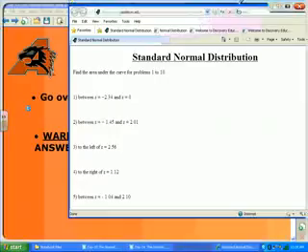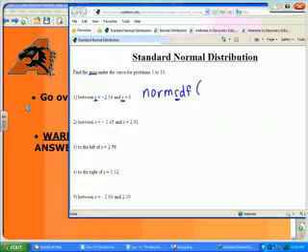Notice these are given to you in z-scores, so you already have your z-scores. If you have z-scores, what are you going to do in your calculator to get the area? Because that's what we're trying to get. That's when you do your norm CDF, because your norm CDF is going to give you the cumulative area between your two z-scores, which have to be listed from least to greatest.